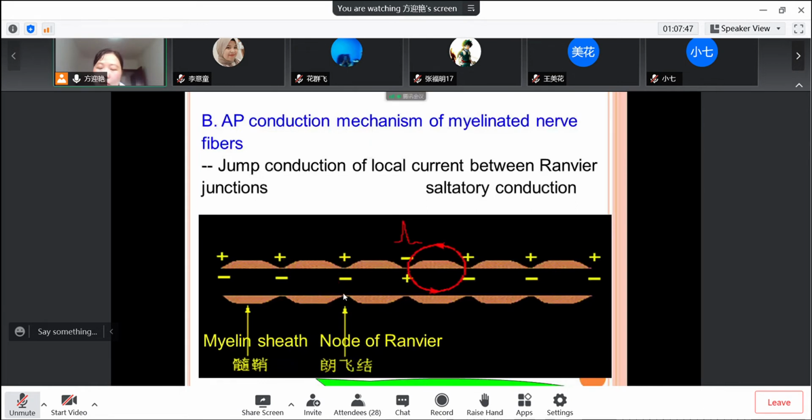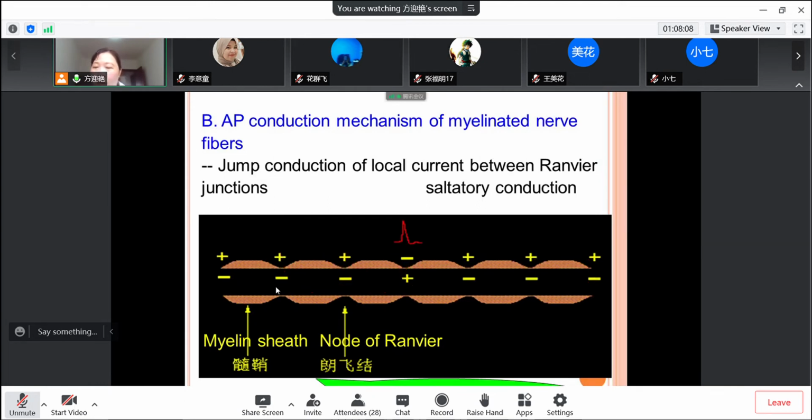We have known that the node of Ranvier is also exposed to the extracellular fluid. But we can see this cell membrane. This is the myelin sheath. The myelin sheath does not have the ability of conduction.